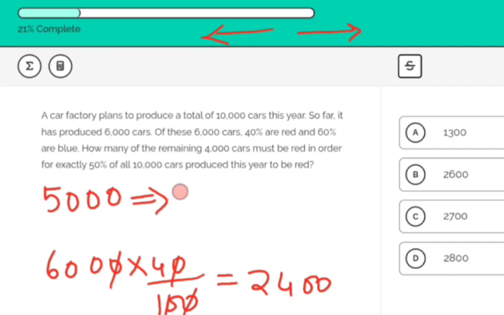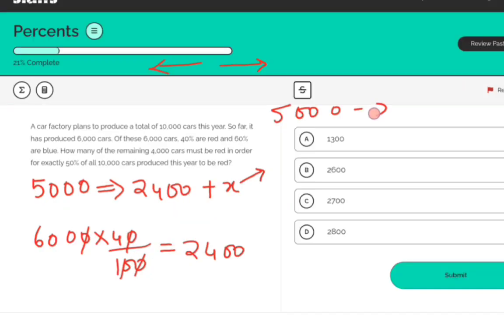So we want to find how much of an X value needs to be added to get to 5,000. Therefore, to find the value of X we are just subtracting 2,400 from 5,000. The answer for that is 2,600. So option B is our answer.